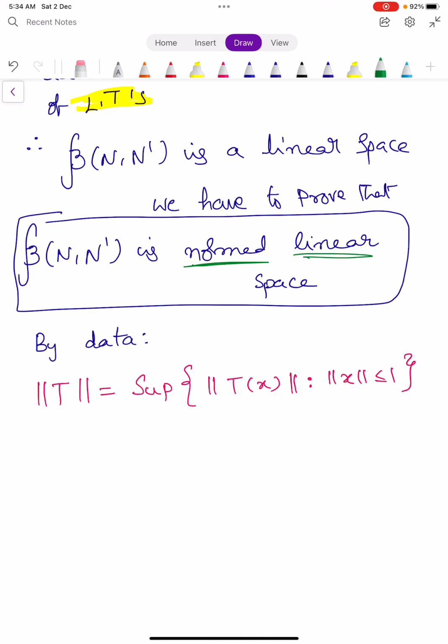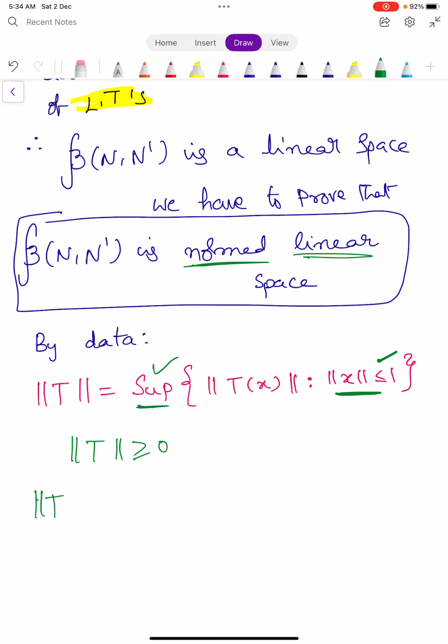space. Here, the norm of every element x is less than or equal to 1, and norm T is defined as the supremum. Obviously norm T is greater than or equal to 0, because it is the supremum of non-negative numbers.